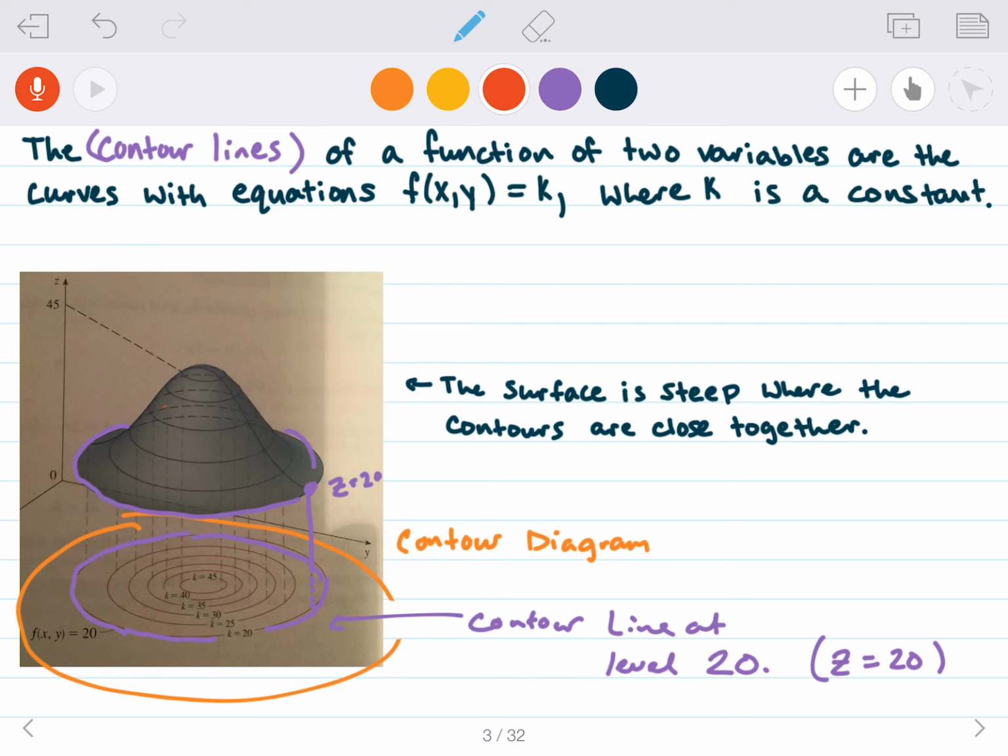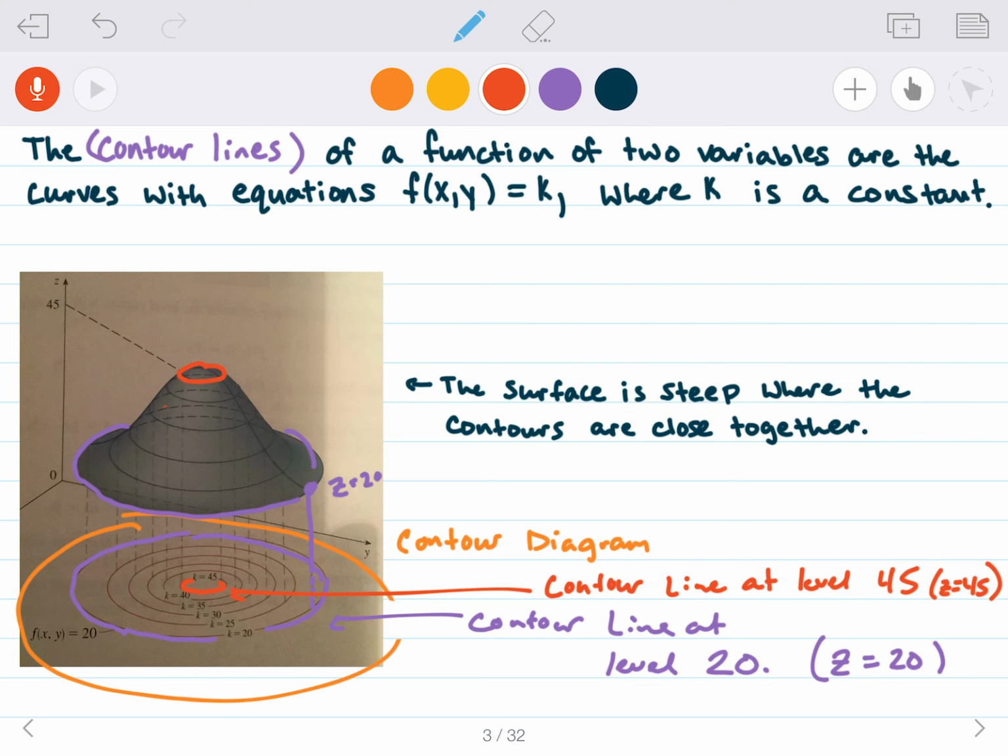And the very top circle right here is indicated by this contour line in the middle. Maybe I'll draw an arrow here so you can see it. This is a contour line at level 45, aka z = 45.